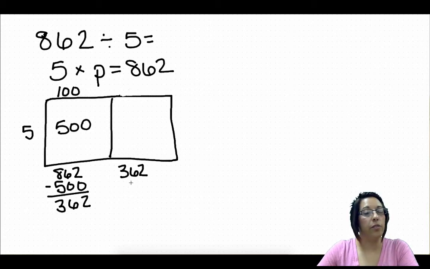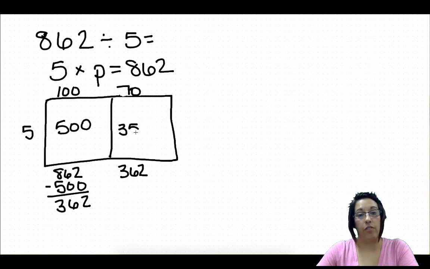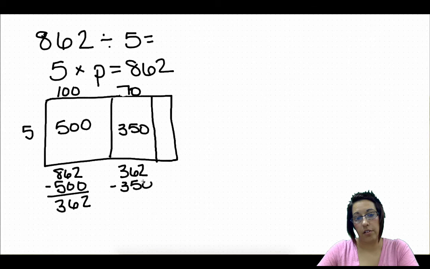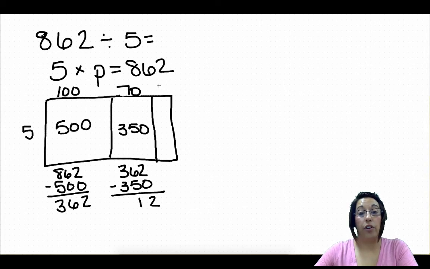Can we go larger? 5 times 7 would be 35, so 5 times 70 would be 350. That would be a large chunk. And we subtract. 6 minus 5 is 1. We have 12 left over.